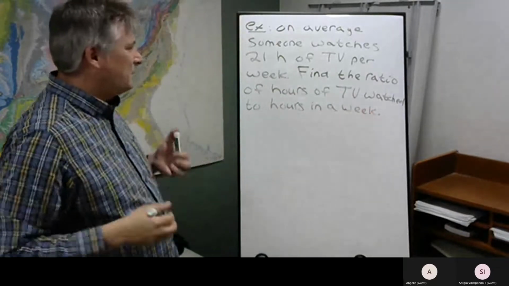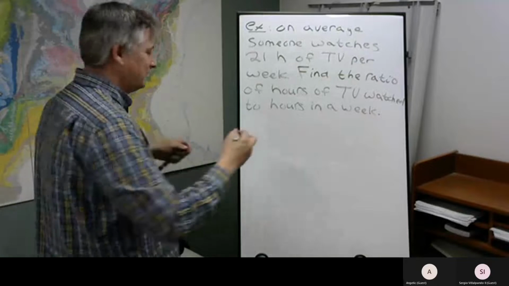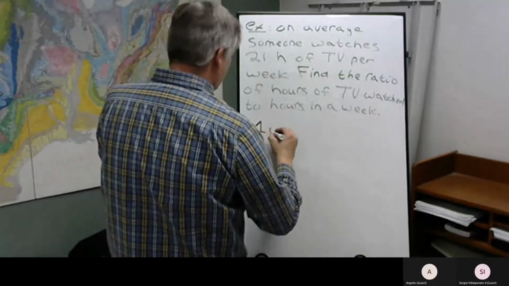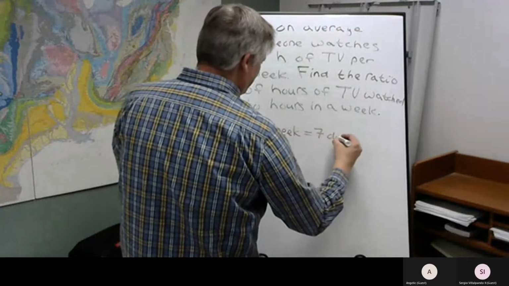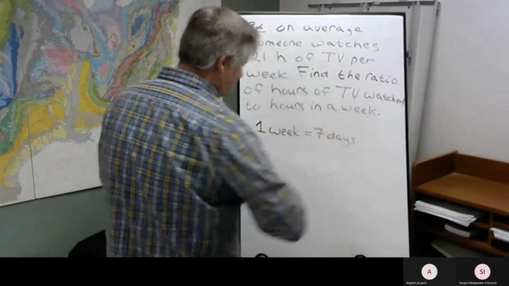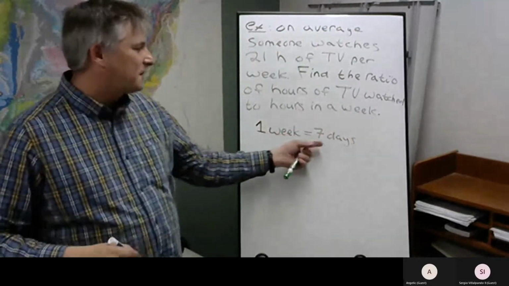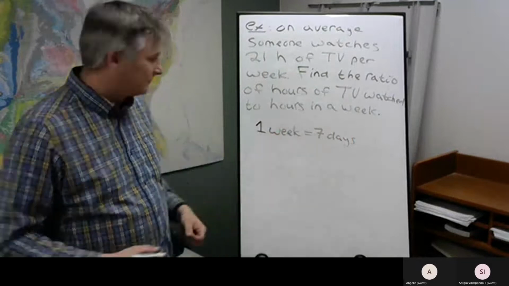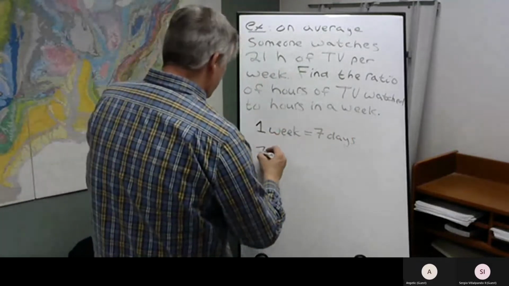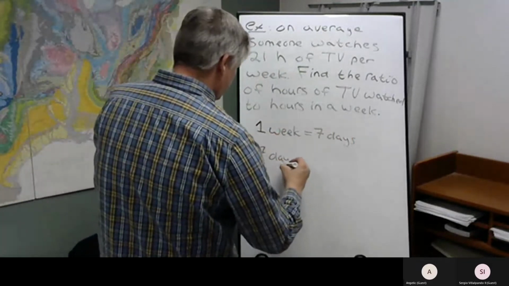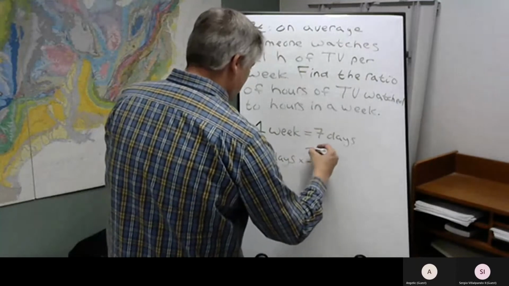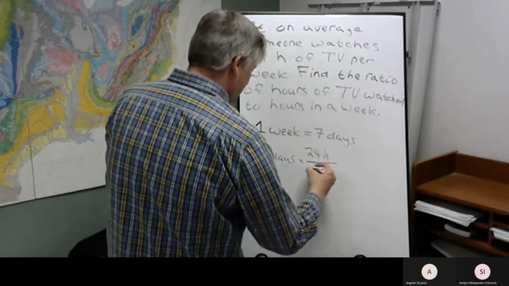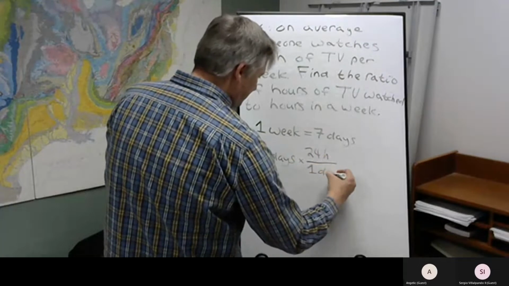So when we usually think of time in a week, 1 week equals 7 days. So we want to convert this from days into hours. So we take 7 days times 24 hours for 1 day.